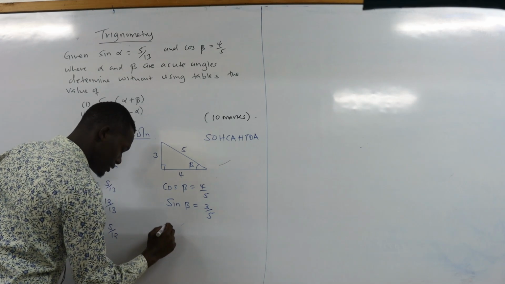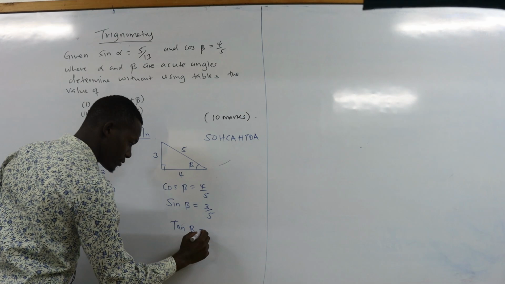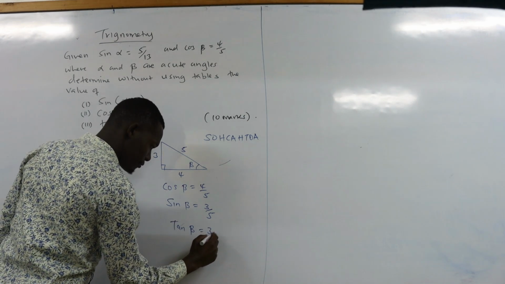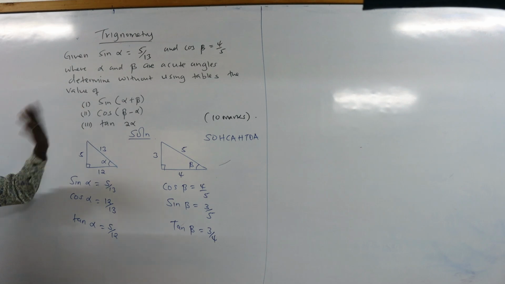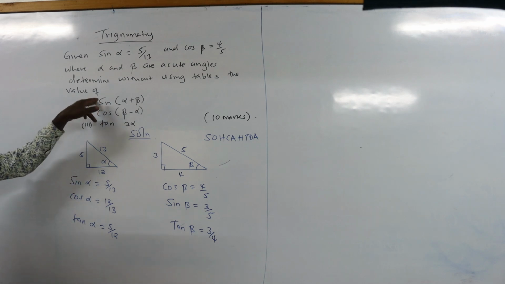Then you have the tangent of beta, which will be given by opposite over adjacent, so it is 3/4. It is always prudent to have all of them, so that it becomes easy for you to replace in your given identities. Now let's come to our first question.